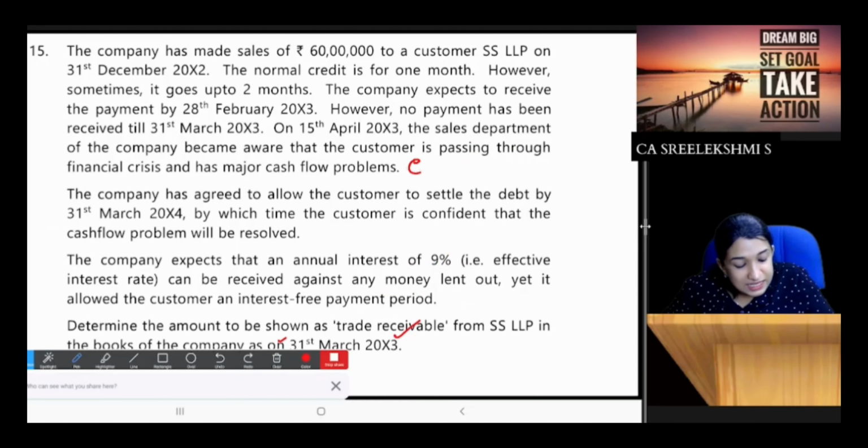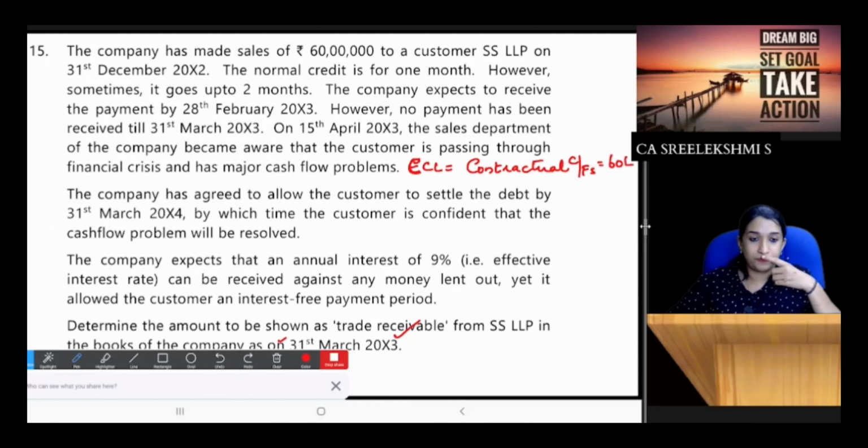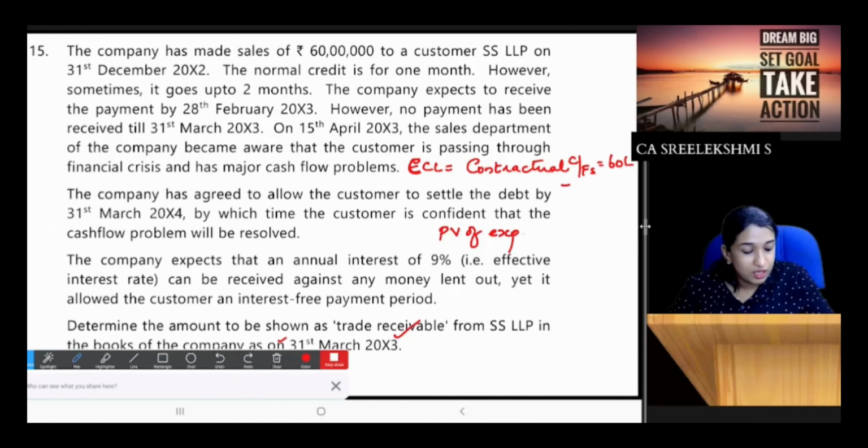How much ECL is to be created? Contractual cash flows expected is 60 lakhs. And what is the present value of expected cash flows? We expect 60 lakhs itself, but only after 1 year.